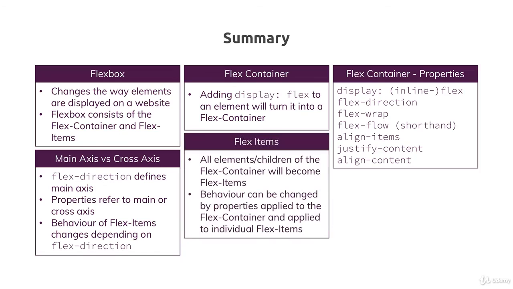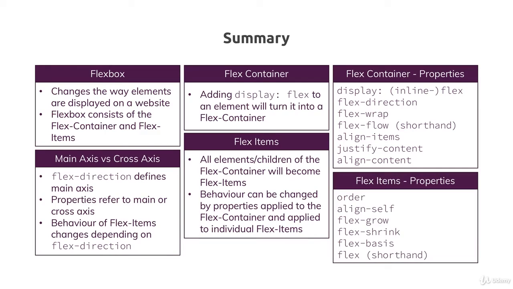We then also had a look at the flex items, because in contrast to the properties we added to the flex container, which affected all flex items, the flex item specific properties allowed us to change the behavior of individual flex items.